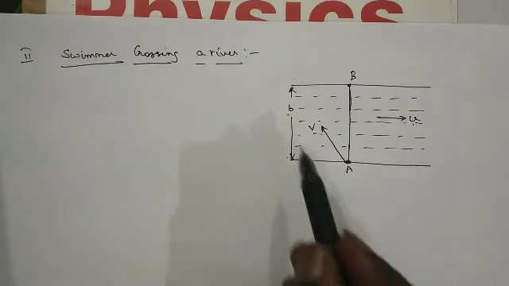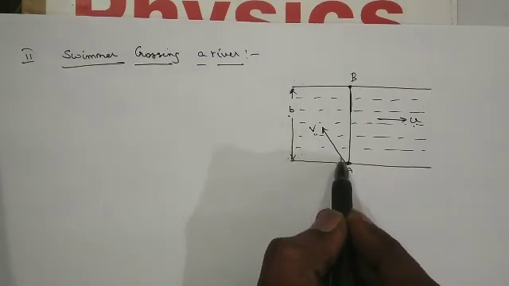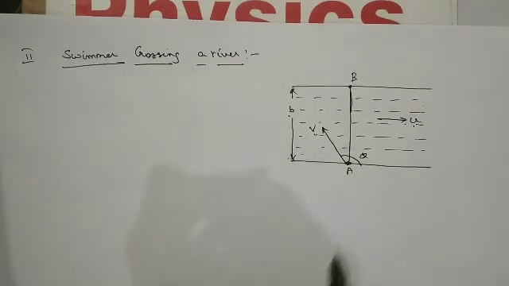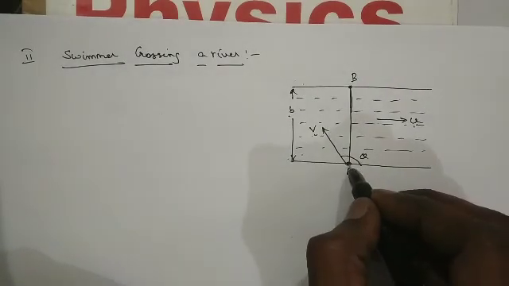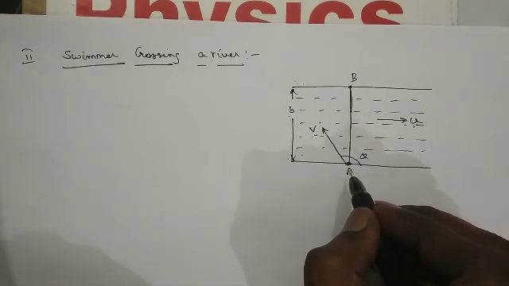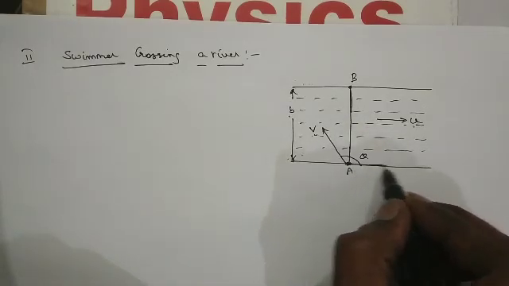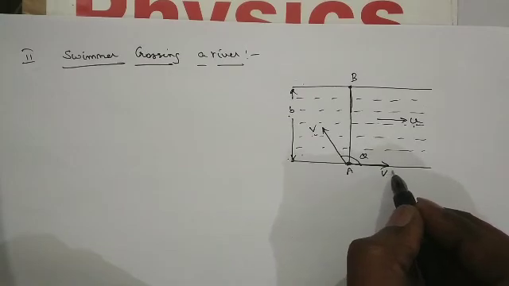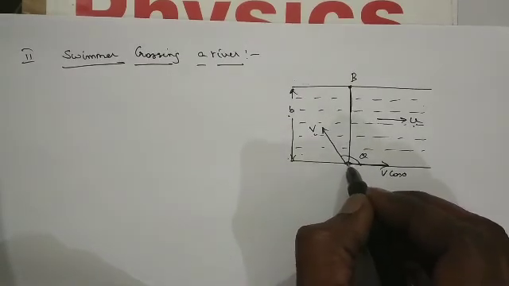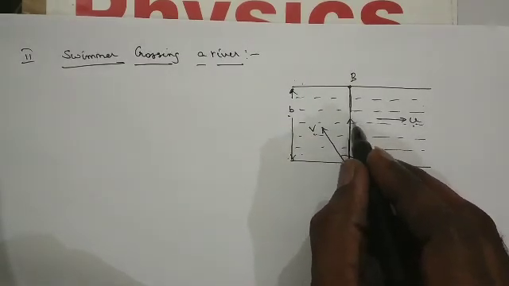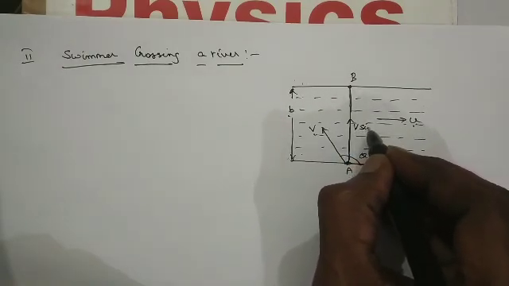So let us consider he is putting a velocity v with an angle theta here. If the angle is theta, there are two components: the horizontal component, which is v cos theta, and the perpendicular component, which is v sin theta.